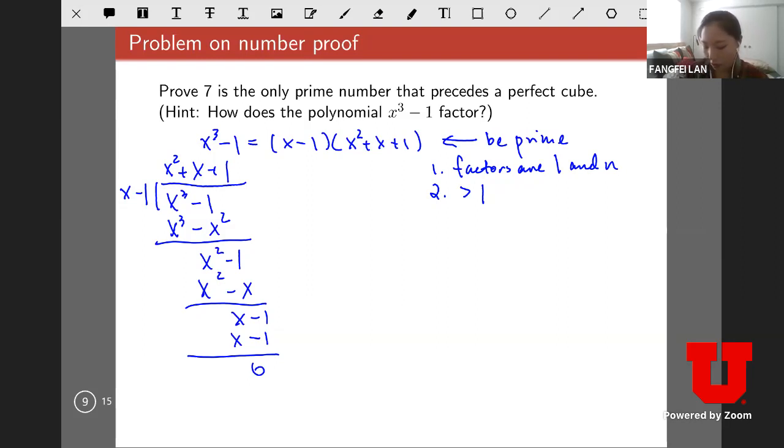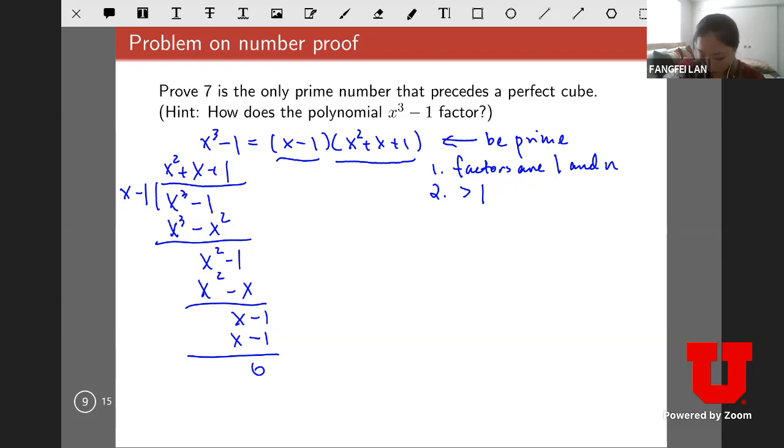If we look at the first one first, let's say that we use the first property of prime. The factors are 1 and n, right? So we factored x cubed minus 1 into these two things. So one of them has to be 1 for x cubed minus 1 to be prime. If one of them is not 1, then this number is not prime, right?